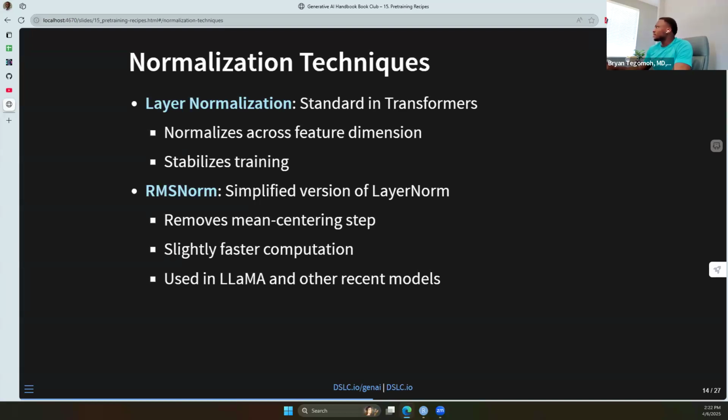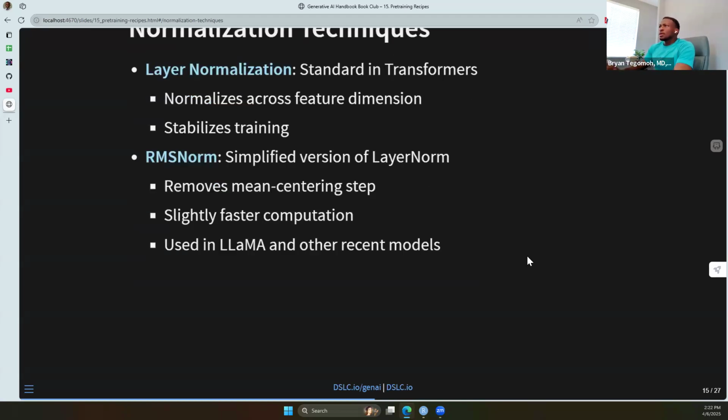Layer normalization is standard for stability, while RMSNorm simplifies computation and removes the mean centering step, which is increasingly popular in more recent models, and it's been used increasingly in the training of Llama. So different techniques, but our goal here is to stabilize the model across multiple dimensions.